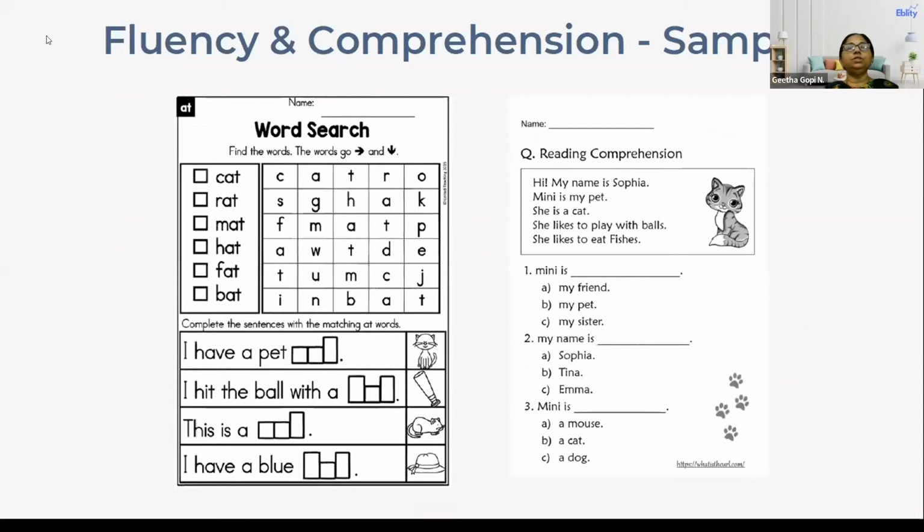When it moves into reading comprehension, depending on the reading level of the children, you create a story, or you find a story that relates to those words that you have introduced. From that storyline, they can have comprehension questions based on it. Initially it can be just multiple choice, where they just have to circle the answer and write one word answers. And slowly it can move on to sentence answers bit by bit.